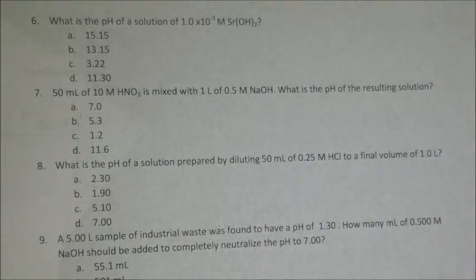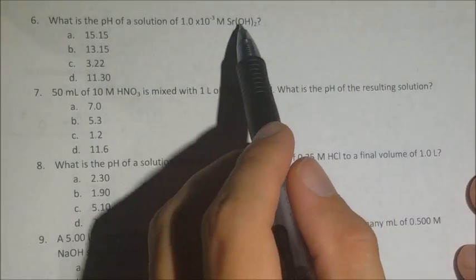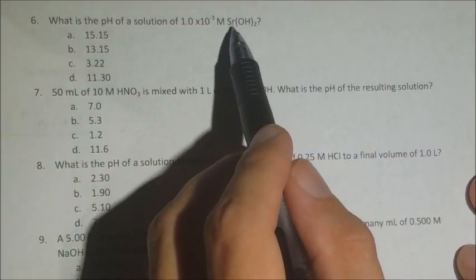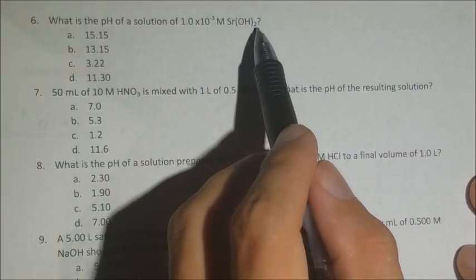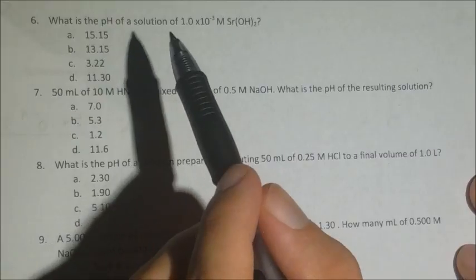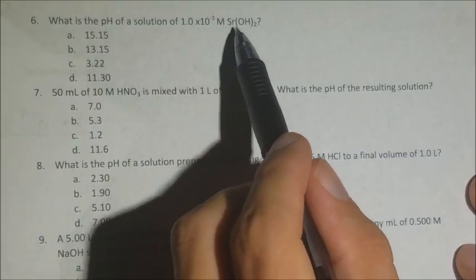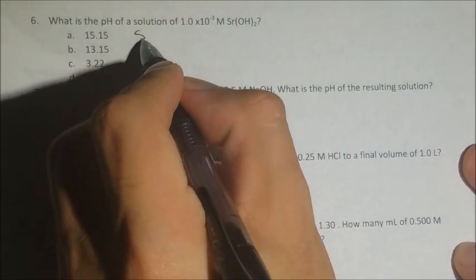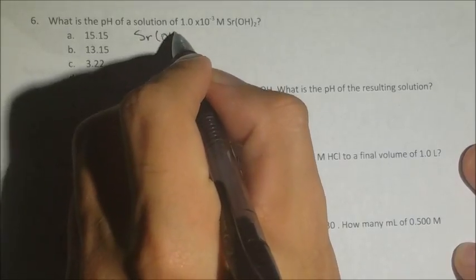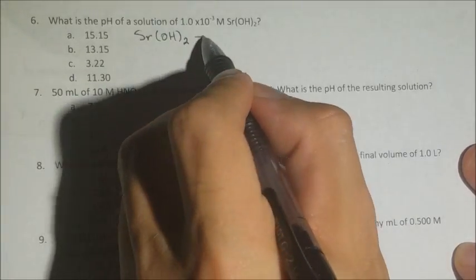So here for number 6, I kind of have already foreshadowed this idea of having multiple protons with acids. We can also have a similar situation with bases, because bases don't necessarily have to have 1 hydroxide on there. This one, strontium hydroxide, has 2. Okay, so let's be clear here that when strontium hydroxide dissociates, got to remember that's one of your strong bases, right?